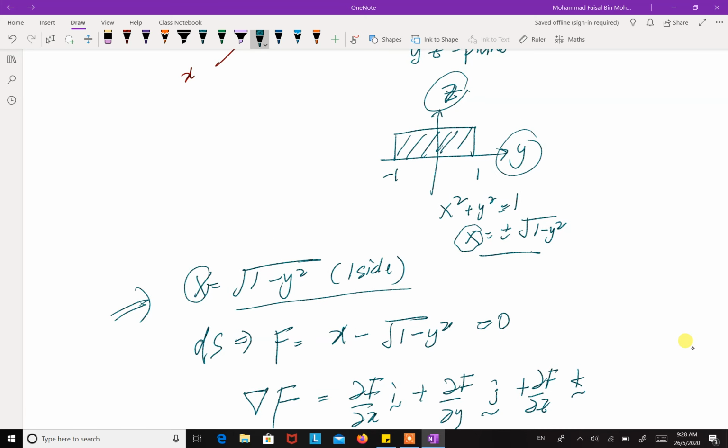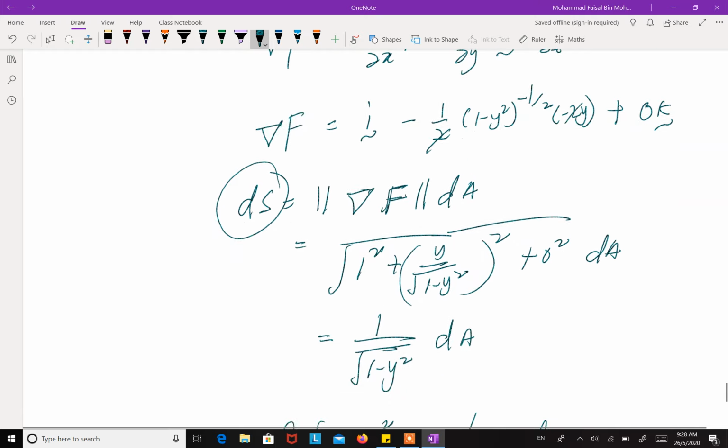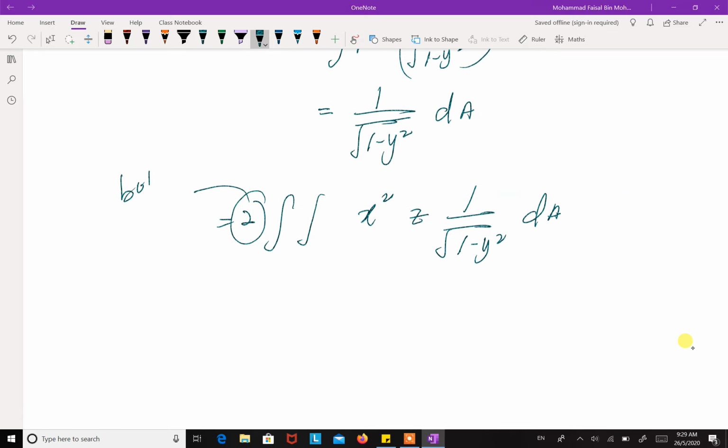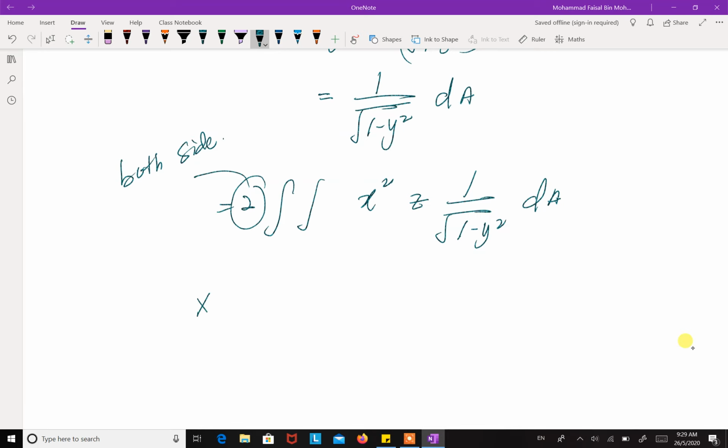I just chose one side first from here, so for the other side I have to times 2. Okay, remember this is both sides. Also we have x as a function of y, x is square root of 1 minus y squared from here.